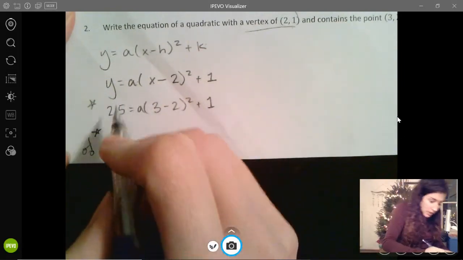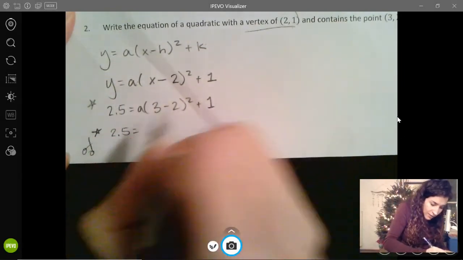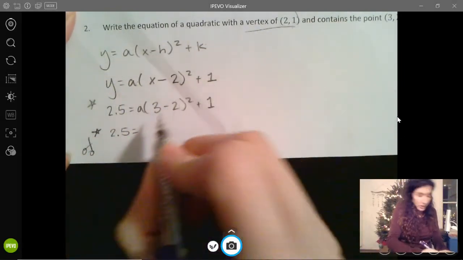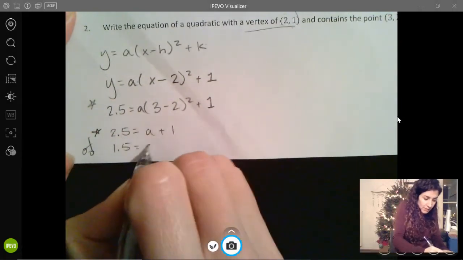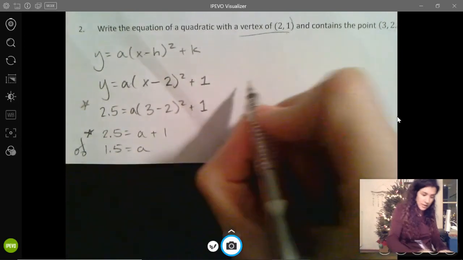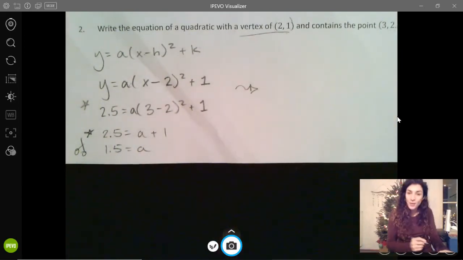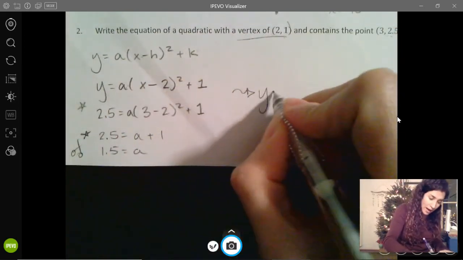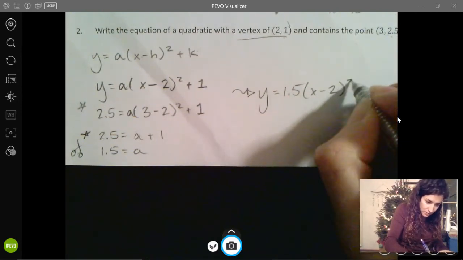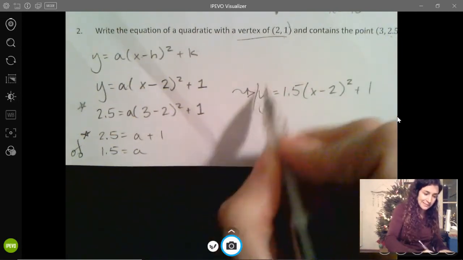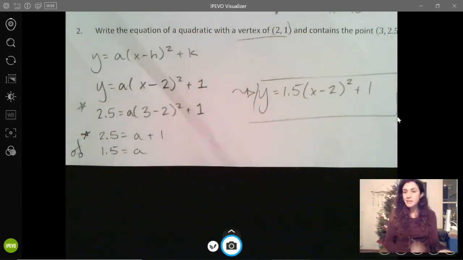Putting it all together, 2.5 equals 3 minus 2 is 1, 1 squared is 1, so that's a plus 1, subtracting 1 is 1.5. So 1.5 equals a. Our equation then would be y equals 1.5 times x minus 2 squared plus 1. All right, good job today.